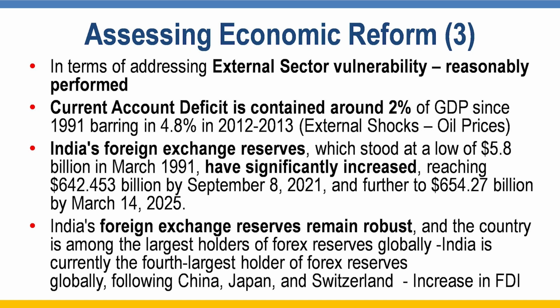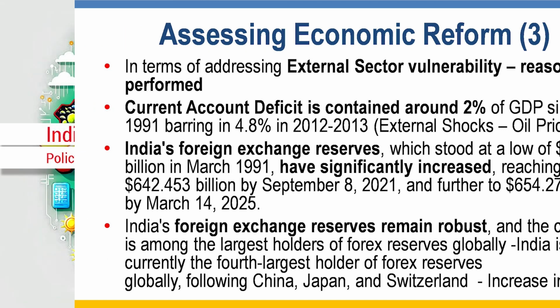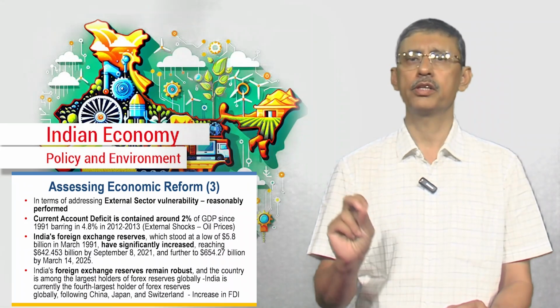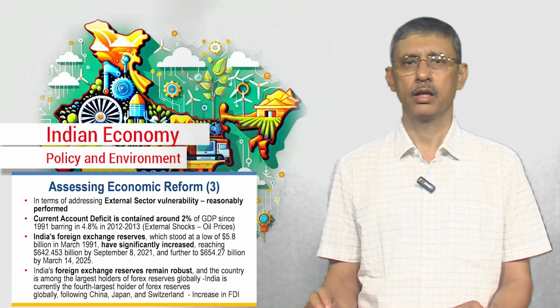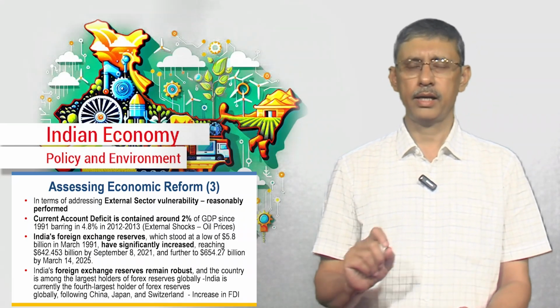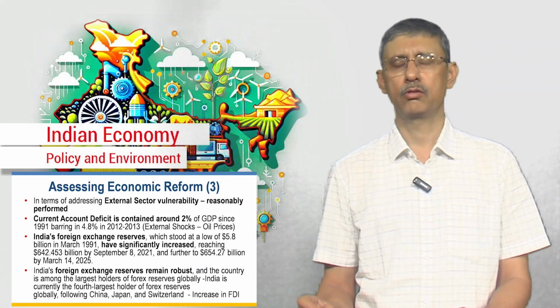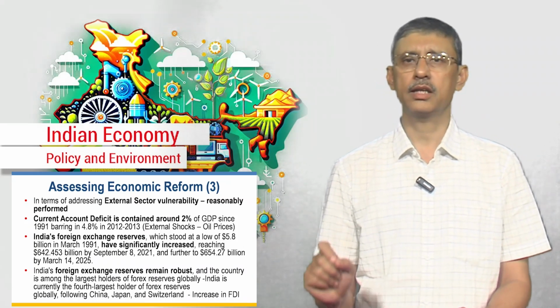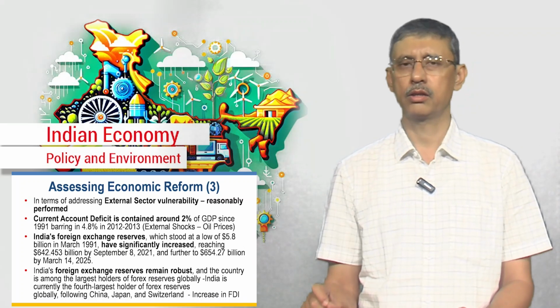It increased to 642 billion in 2021, and now we have 654 billion dollars as of March 2025. So from a simple 5.8 billion dollars in 1991, that has increased manifold, quite substantially, to 654 billion dollars in 2025.